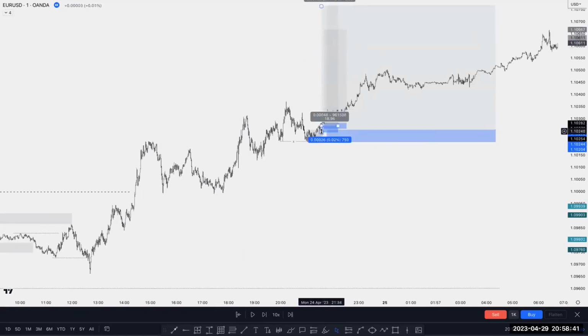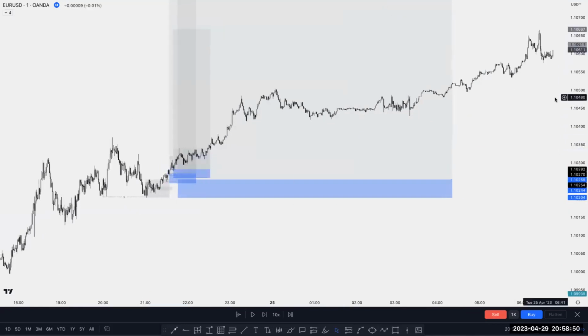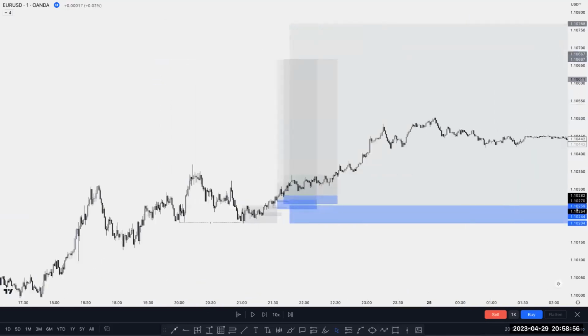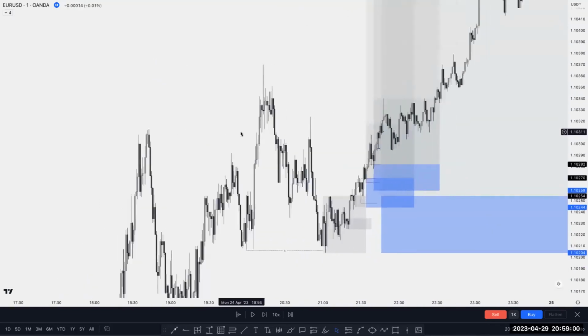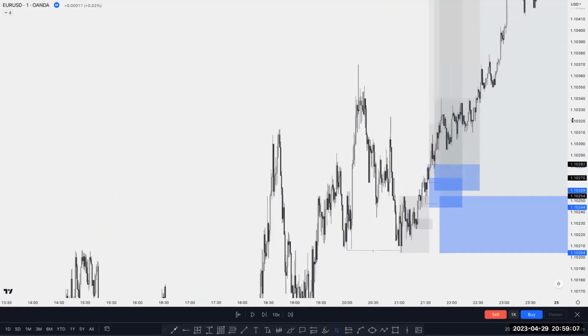And the previous entry was here. Okay, so these two entries were valid here for the buy. Entries 2, 3, 4 are valid for buy when the market sweeps the inducement.